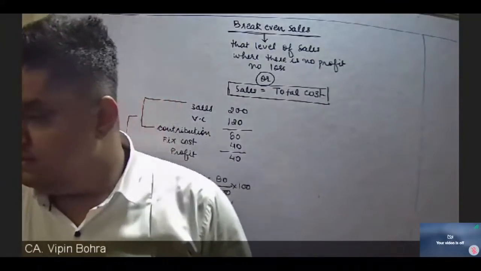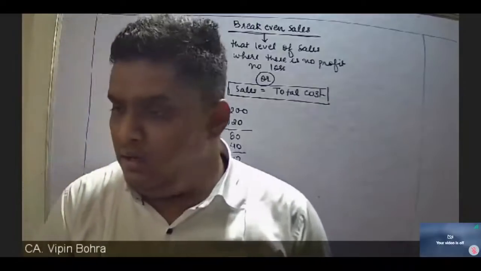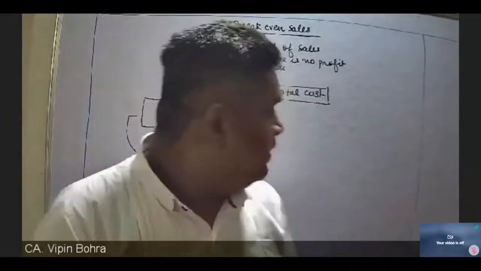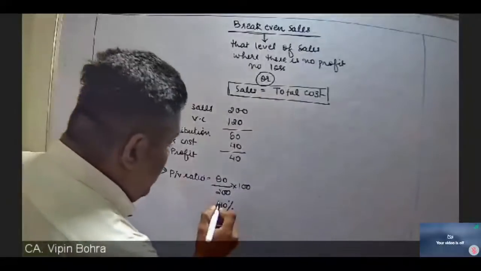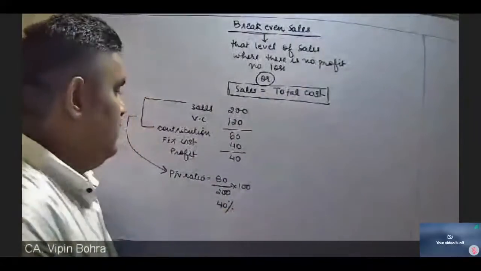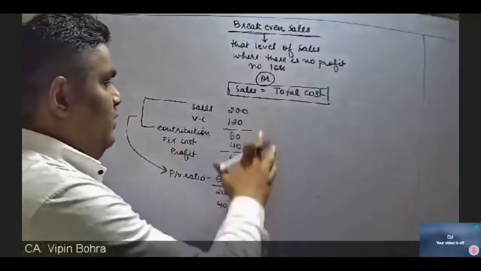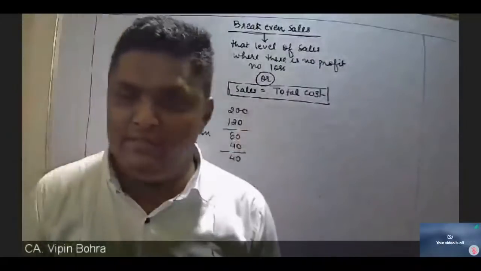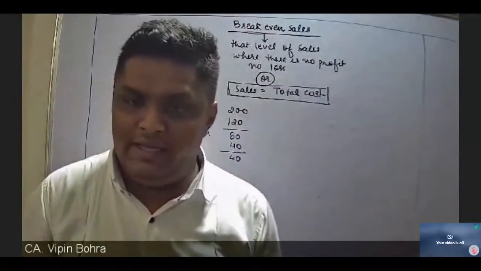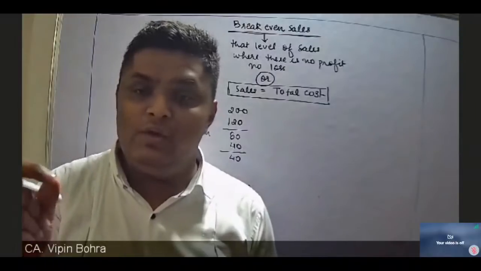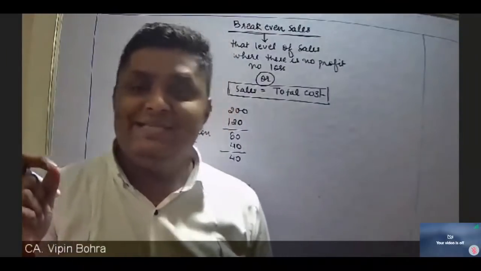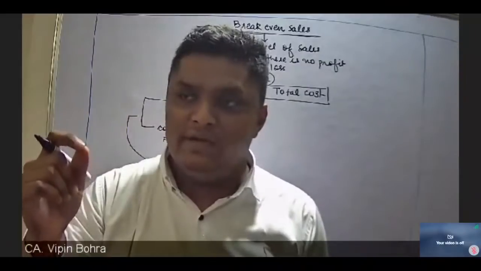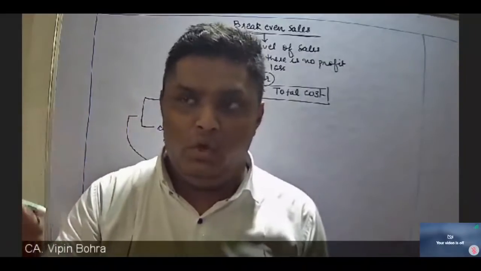Very good, guys. Now, my point. Suppose this is the scenario. Now I want to calculate break-even sales. Again I repeat, I want to calculate break-even sales, that is, that level of sales where there is no profit, no loss.